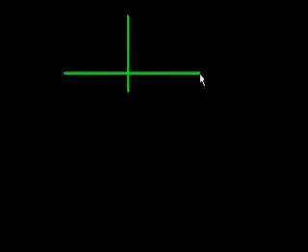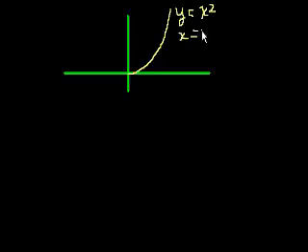Okay, let me do something different. Let me draw it here. So that's my y-axis. This is my x-axis. Now let me draw the function y is equal to x squared. We know that could be written as y is equal to x squared, or we could write that as x is equal to the square root of y, depending on what we want to be a function of what.